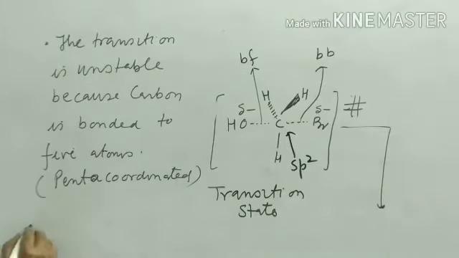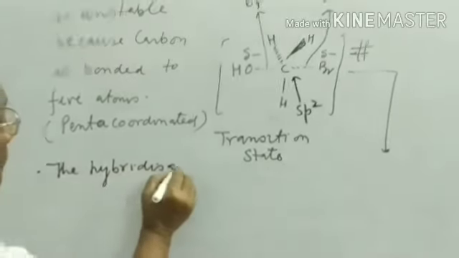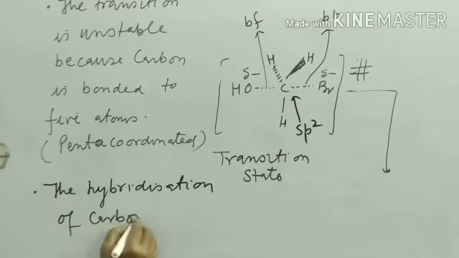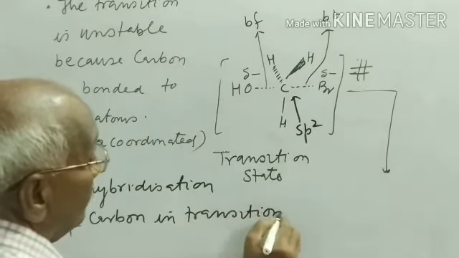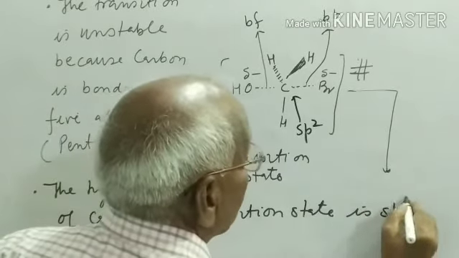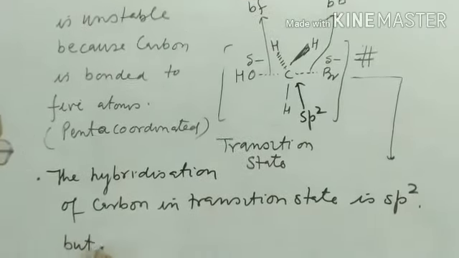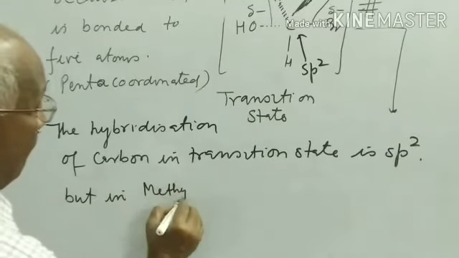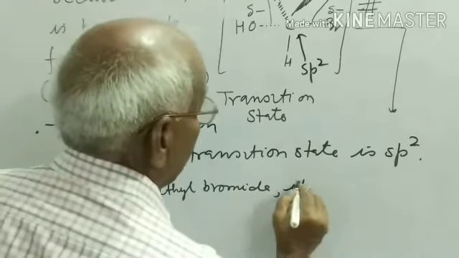The hybridization of carbon in the transition state is sp2, but in the reactant, methyl bromide, it is sp3.